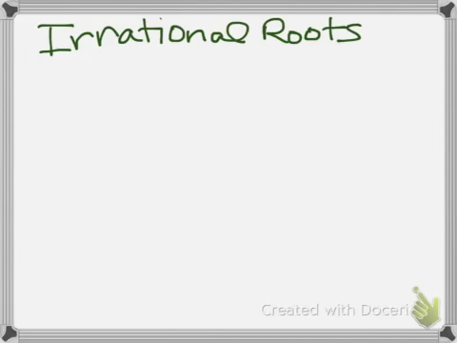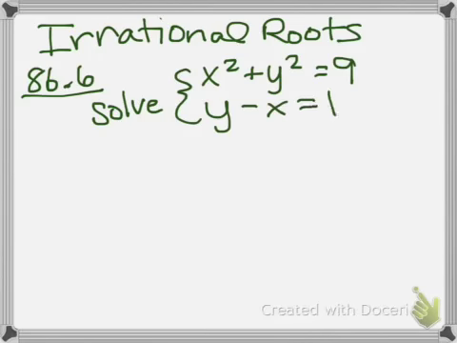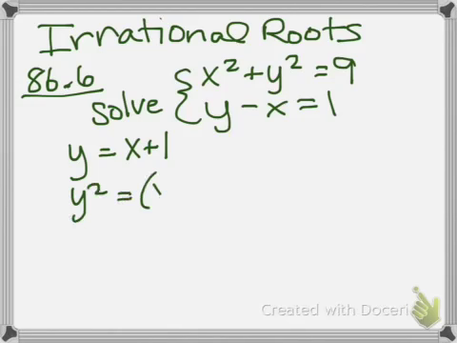Okay, switching gears. Now we're going to talk about irrational roots. So the other day we solved a problem that looked like this, but it worked out nice and neat. Today we're going to work with the ones that don't work out nice and neat. So we're going to solve it the same way. Solve for y. So y equals x plus 1. And then you can either plug y in or square it now and then plug the y squared in. So we'll just square this.